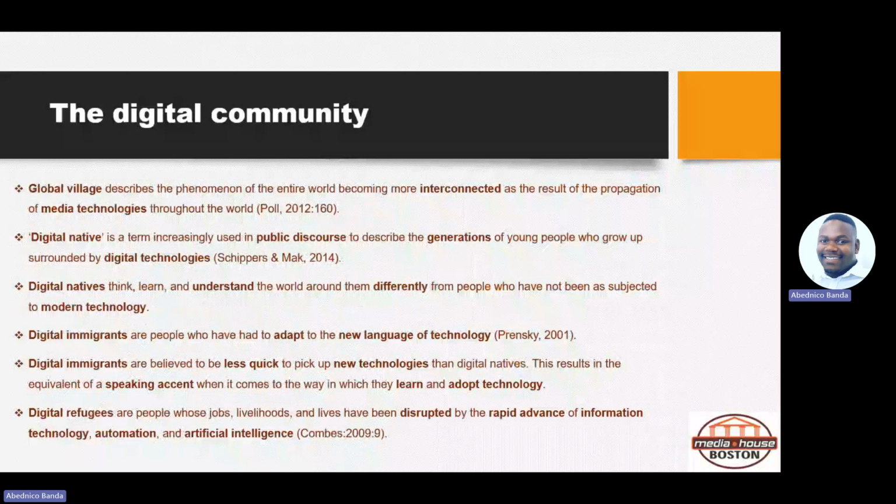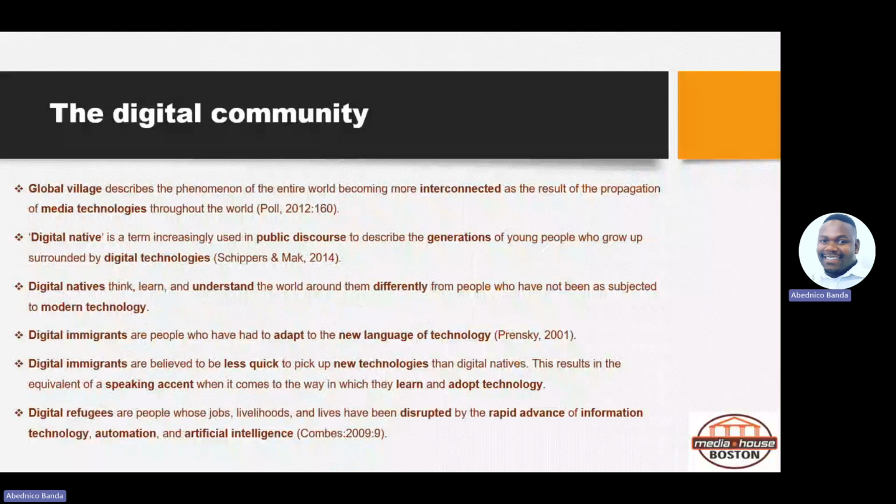But the digital community is a global village, which describes the phenomenon of the entire world becoming more interconnected as a result of the propagation of media technologies throughout the world. So you can be part of a community where someone is in Russia, someone is in the UK, someone is in America, someone in Zimbabwe, someone in Malawi, someone in South Africa.